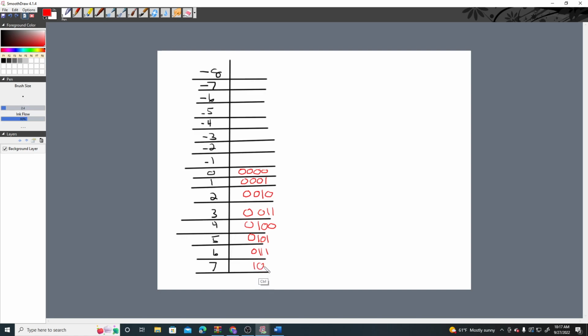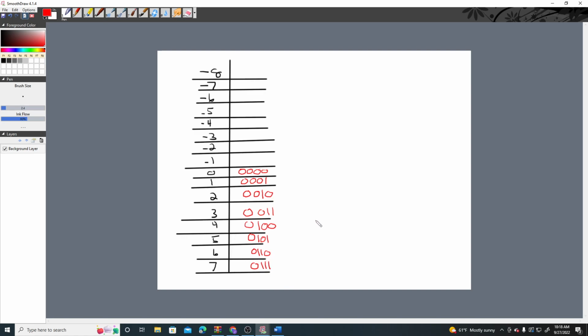No, that's not right. Hold on. 1, 1, 1, and 1, 0, 0, 0. Okay. Actually, yes, 1, 1, 1, 1, 0, and 0, 1, 1, 1. Okay, there we go. We have 0 through 7.